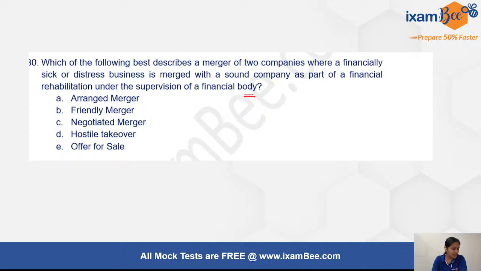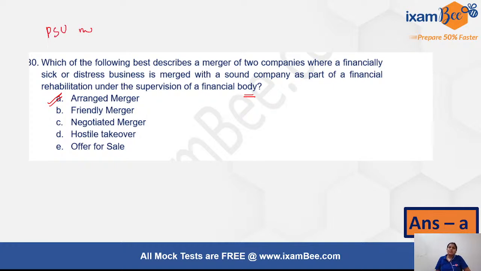So PSP, no, this is not a hostile merger. This is an arranged merger. It is called an arranged merger. You may think of the PSU bank mergers that have happened in the past and may happen in future.